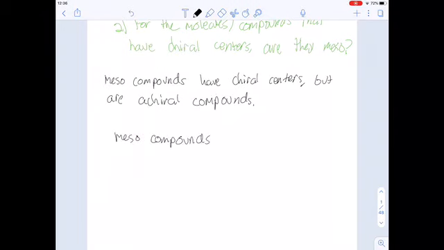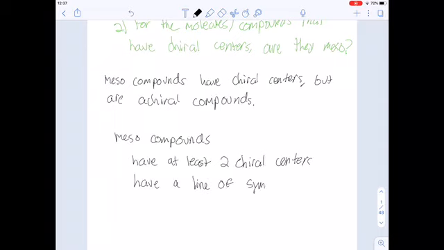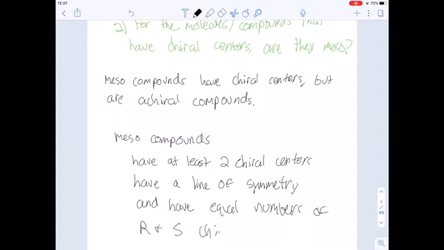Okay, so meso compounds, as you guys should have come up with, have at least 2 chiral centers, have a line of symmetry, and have equal numbers of R and S chiral centers.